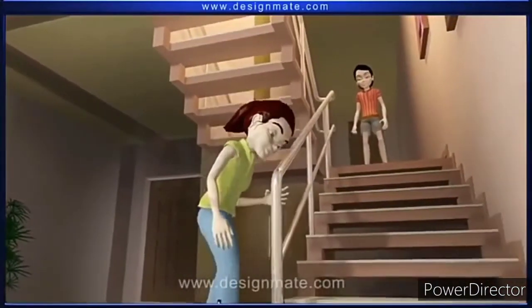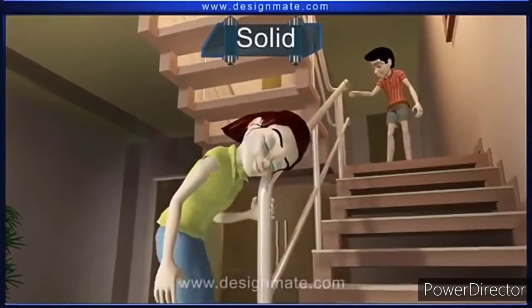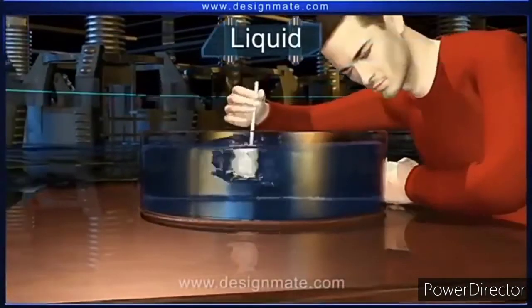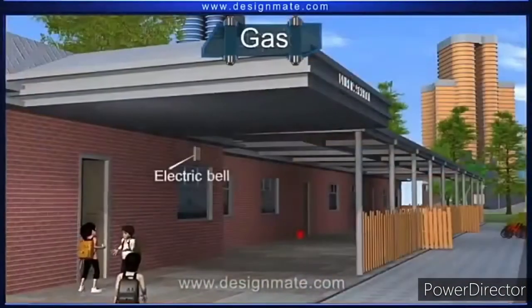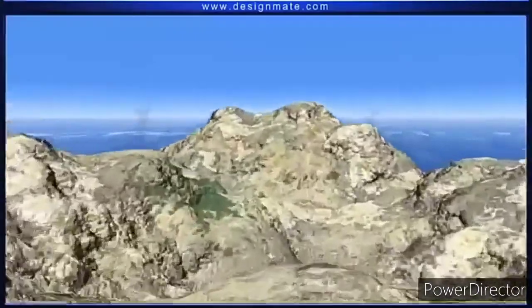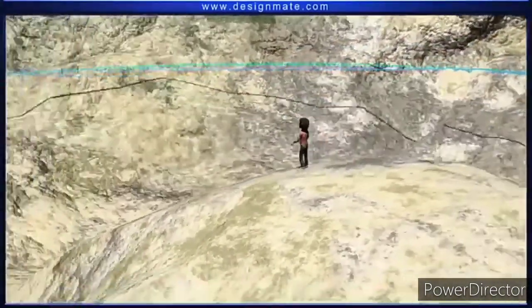These waves travel at different speeds in different mediums. The medium could be a solid, liquid, or gas. Sound waves travel in all directions. Emily?